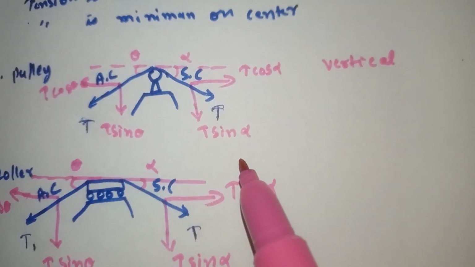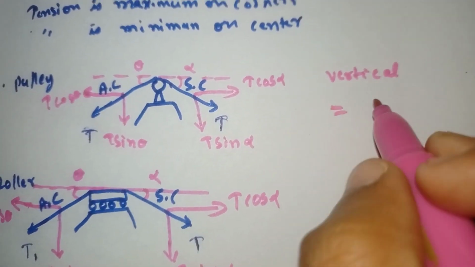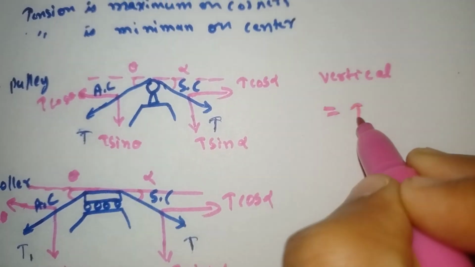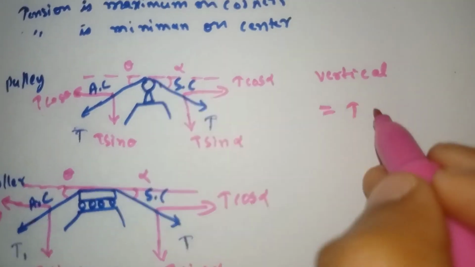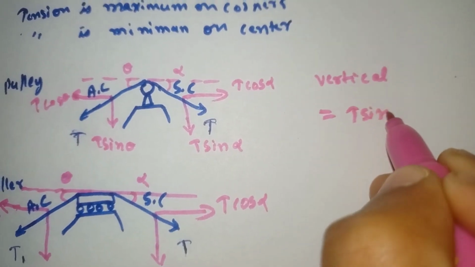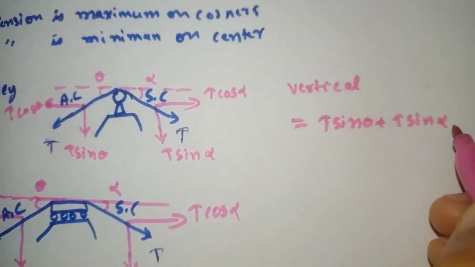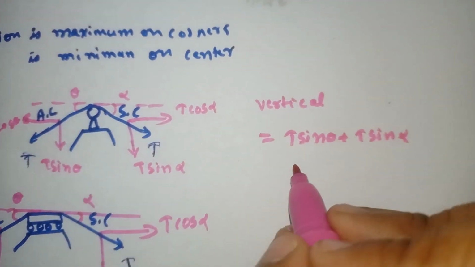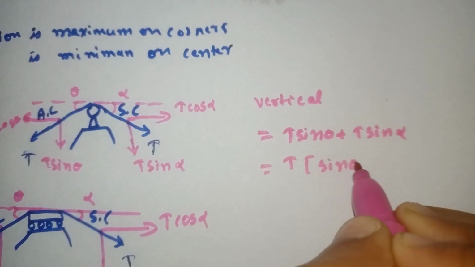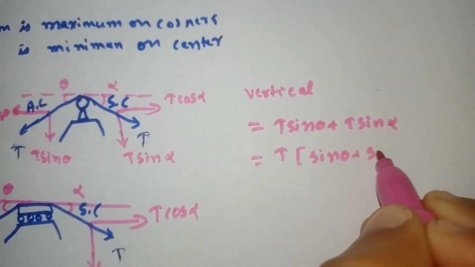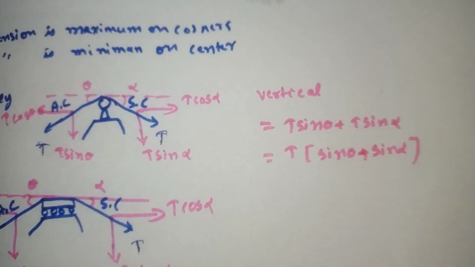So our formula will be: T on both sides is common, so T is the same, I will take it as common, T sin theta plus T sin alpha, which is T times sin theta plus sin alpha. This is the formula for vertical.